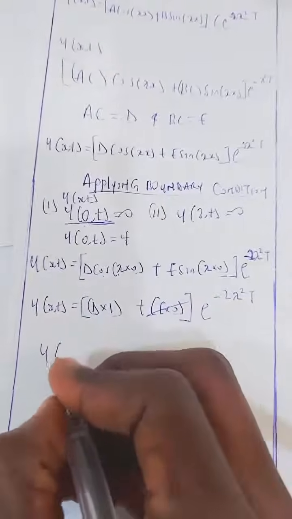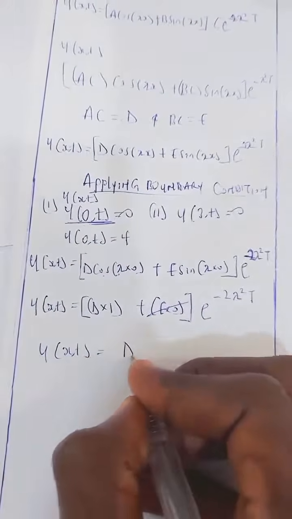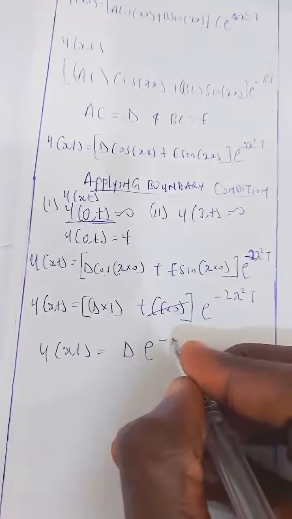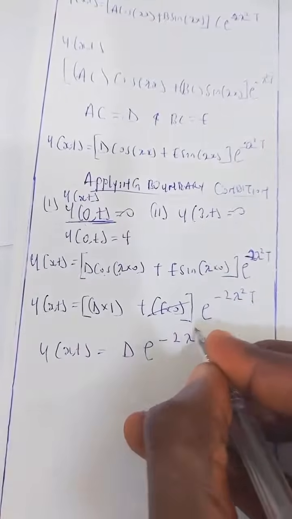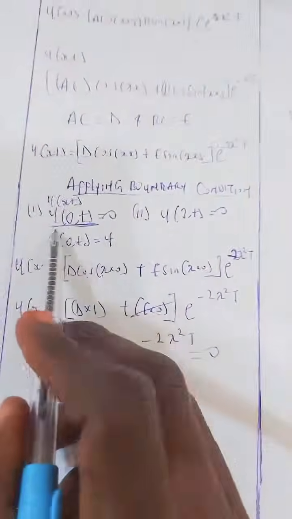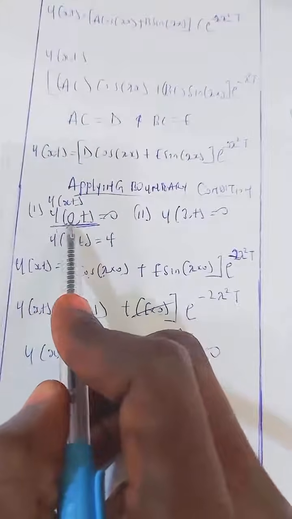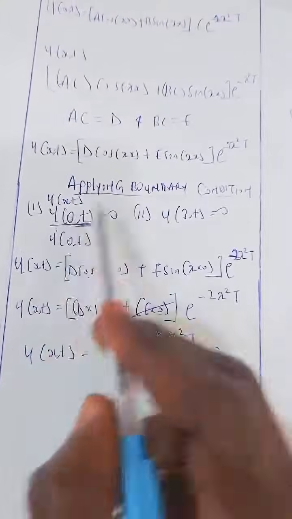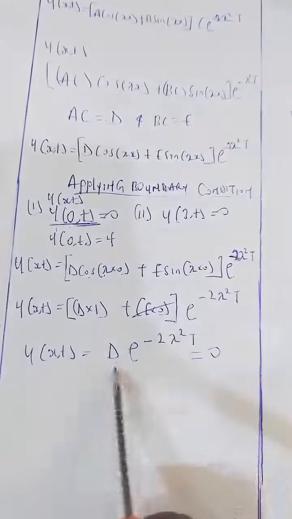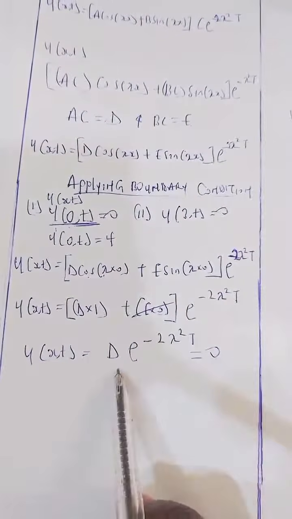I'm going to have u as a function of x, t equal to d exponential negative 2 lambda square t equals 0. Meaning from this boundary condition, when x equals 0, and I've substituted x equals 0 into this general wave equation, I got this, right? With what I've gotten, equate it to 0.